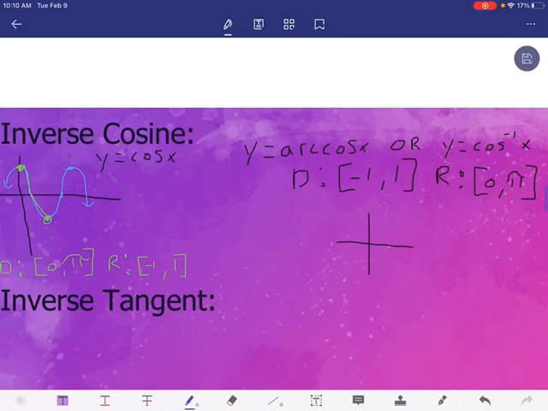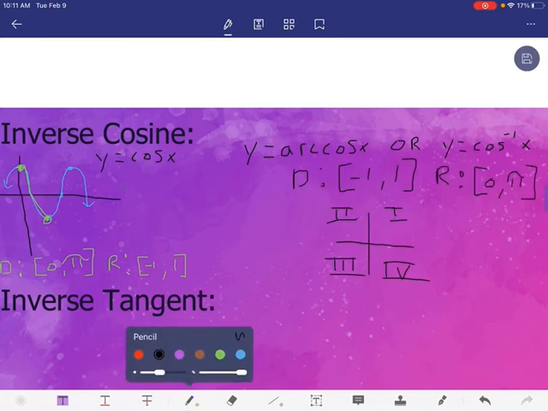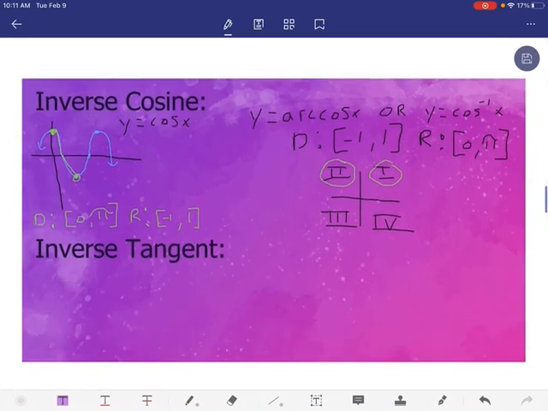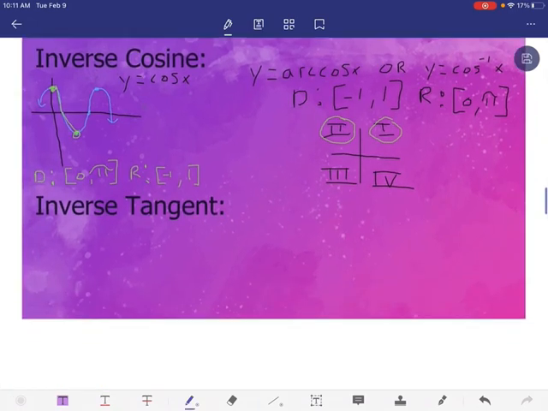Now notice this time that because we've restricted it from 0 to pi, when I'm looking at my angles, I'm looking at the first and the second quadrant. So those are going to be the type of angles that we look at.